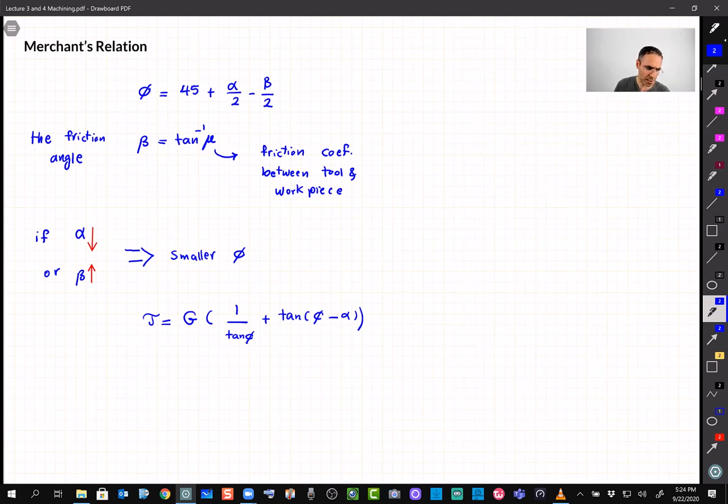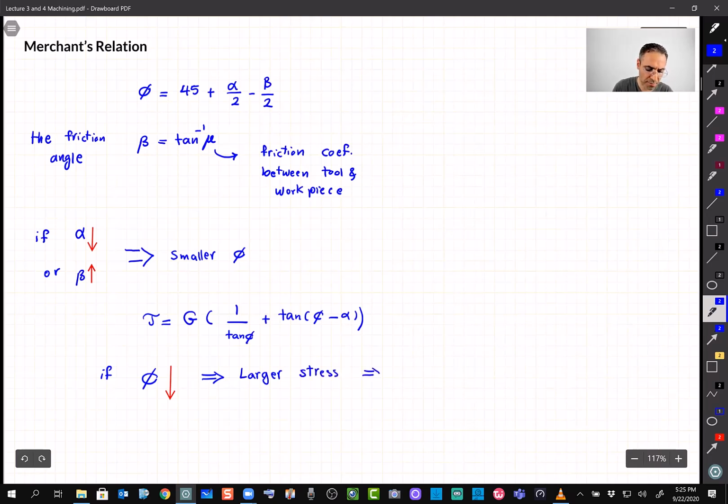So looking at this formula, we can easily show that if phi decreases, which we know can be caused by a smaller alpha or bigger friction, then the result is going to be larger stress.